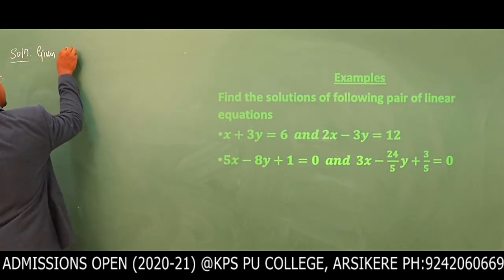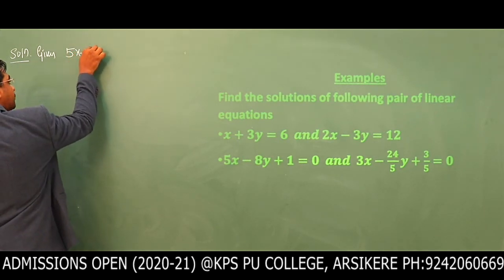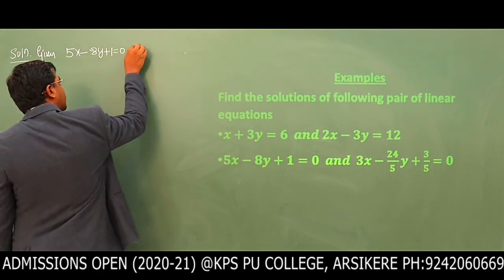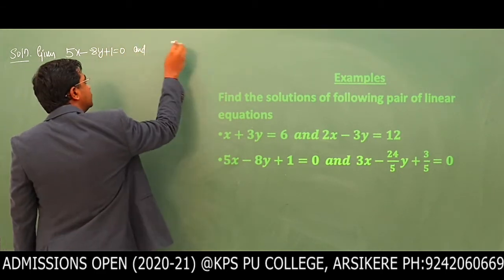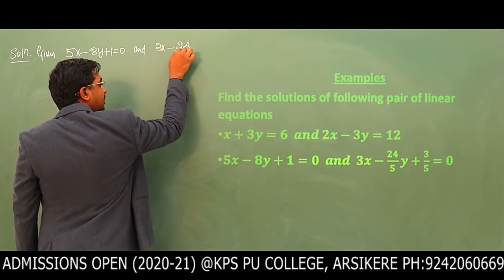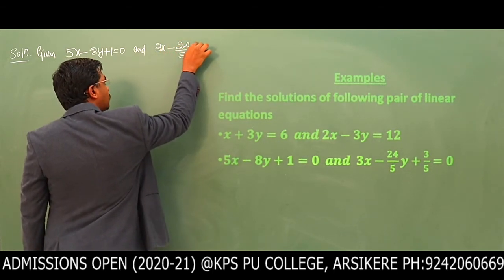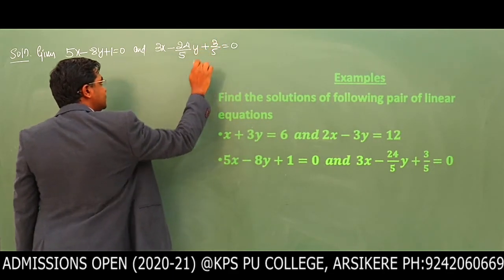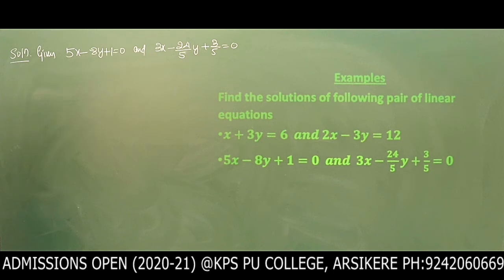The given equations are 5x minus 8y plus 1 is equal to 0, and 3x minus 24 divided by 5 into y plus 3 divided by 5 is equal to 0.